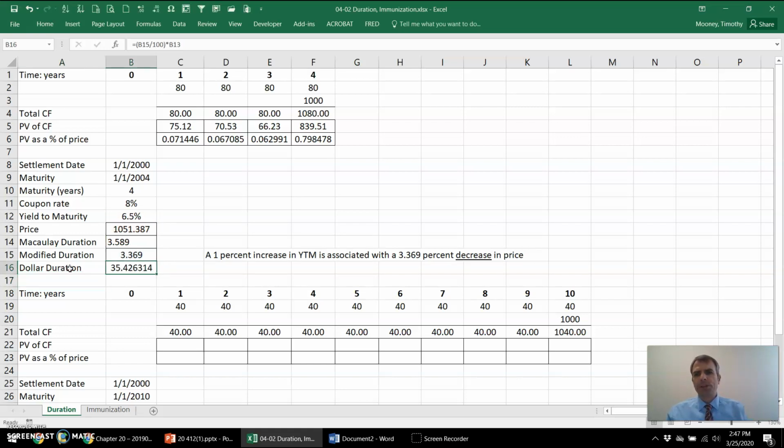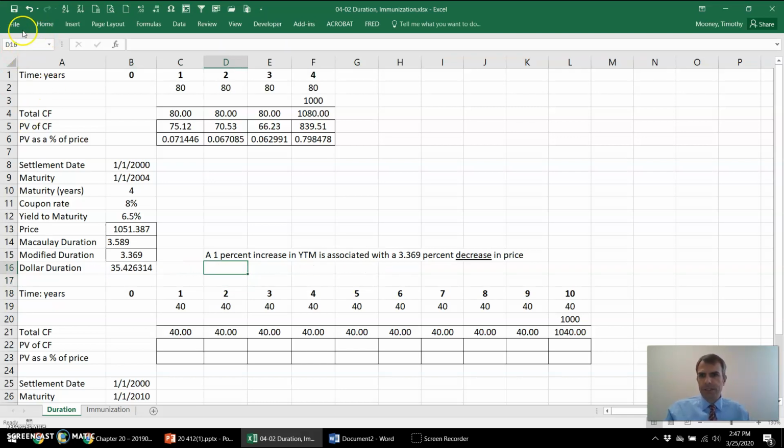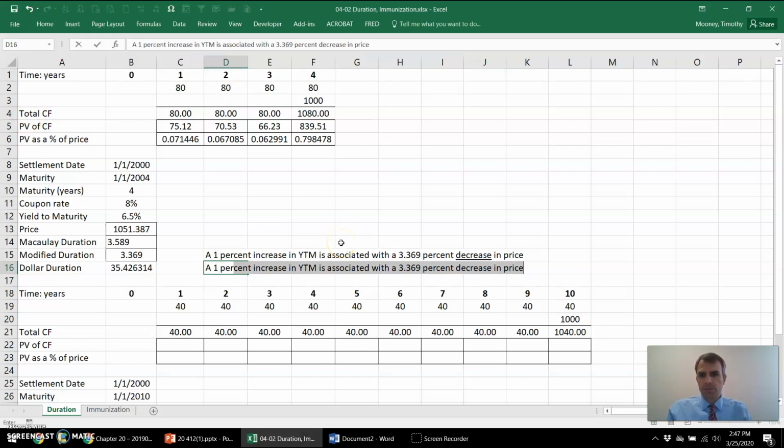we end up with about 35.43. So dollar duration: a 1% increase in yield to maturity is associated with a $35.43 decrease in price.